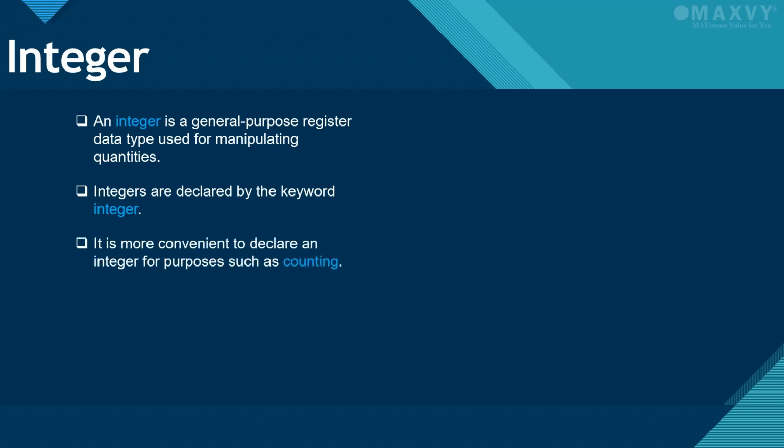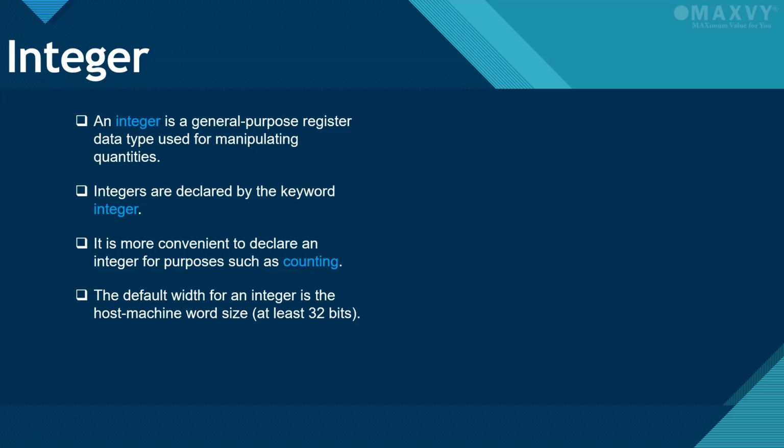While it is possible to use reg as a general purpose variable, it is more convenient to declare an integer for purposes such as counting. This is because integers handle signed quantities natively. The default width for an integer is the host machine word size, which is implementation specific but at least 32 bits.